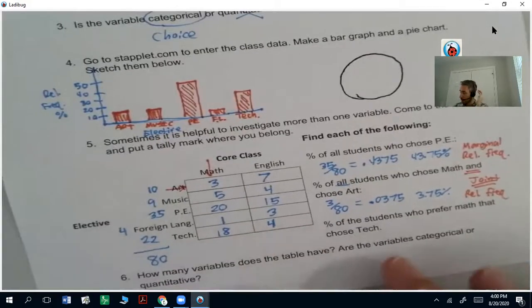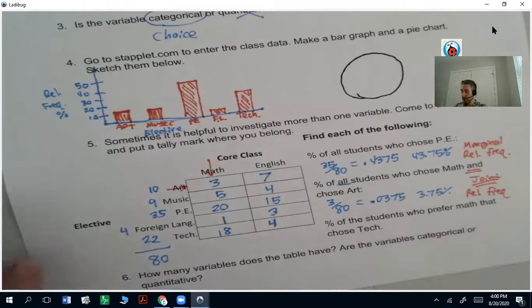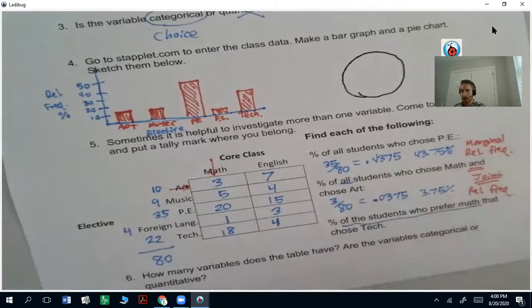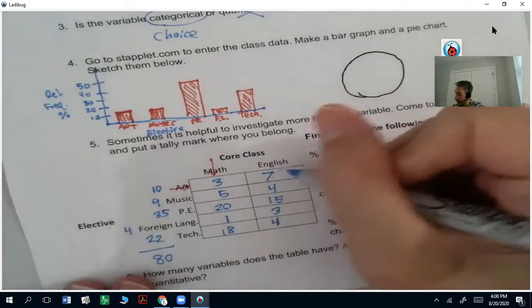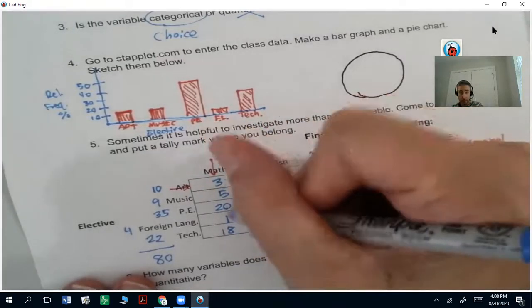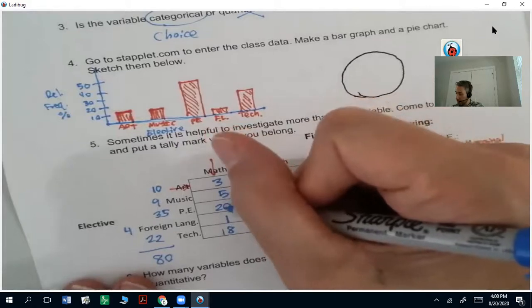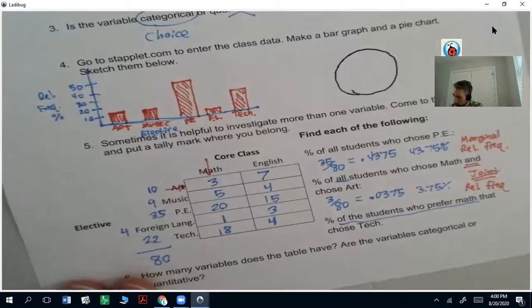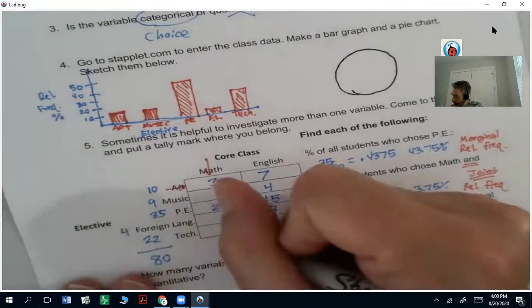And the last question says the percent of the students who prefer math. Notice that it gives you a condition, right? It's just the ones that prefer math that chose technology. So what we have to do is add these counts up here. 3 plus 5 is 8, 28, 29. 29 plus 18 is going to be 47.